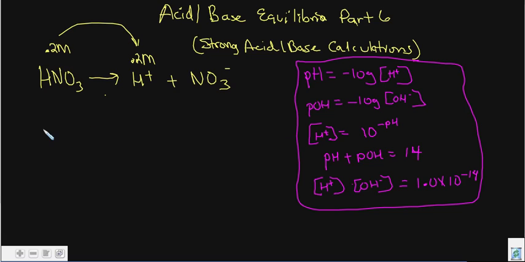I have HCl, and I'm going to mix that with hydriodic acid. Let's say that these are different molarities: 0.022 molar hydrochloric acid, and 0.015 molar hydriodic acid. And just for fun, let's say that I have 21 milliliters of this and 30 milliliters of this.